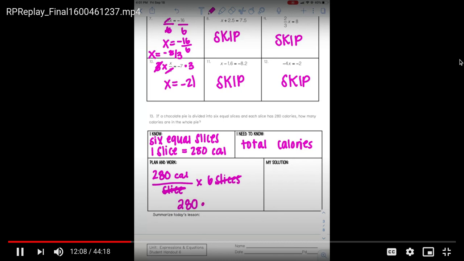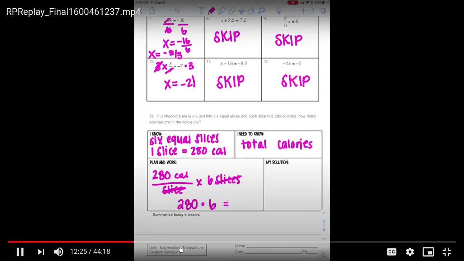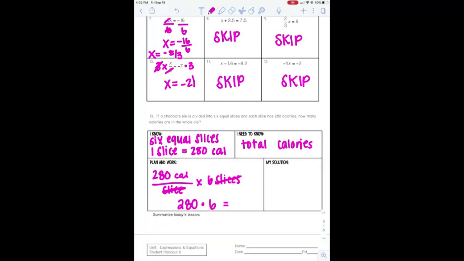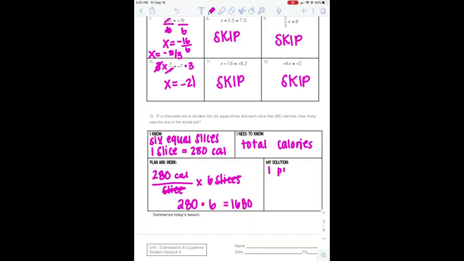And I'm going to do 280 times 6, which gives me 1,680. So my solution is going to be 1 pie has a total of 1,680 calories.